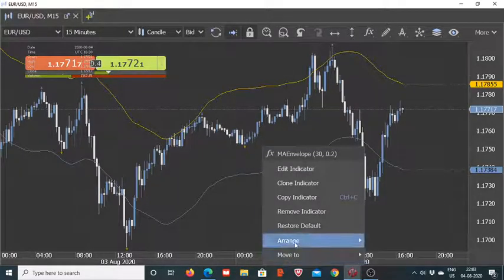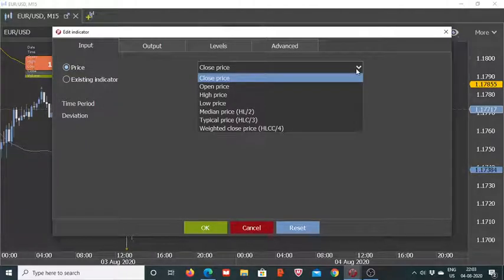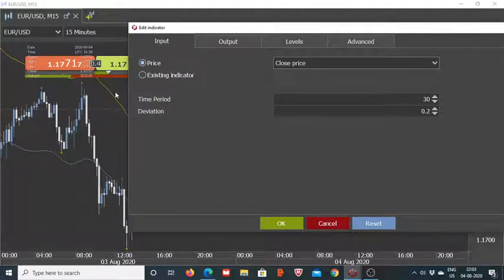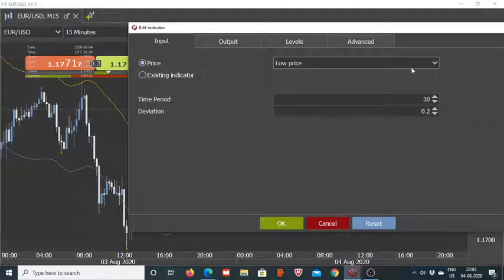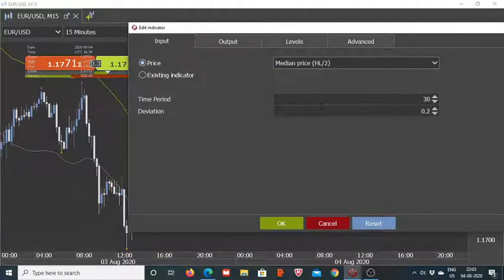So for example, I will try to show you here the kind of changes you see. Now the applied price is the closing price. We just mark these lines and you will observe the change here. If we use the high price, then the band shifts to the higher side. If we use the low price, the band will shift to the lower side. And if we use the median price, high plus low divided by 2, then you will have it in between.